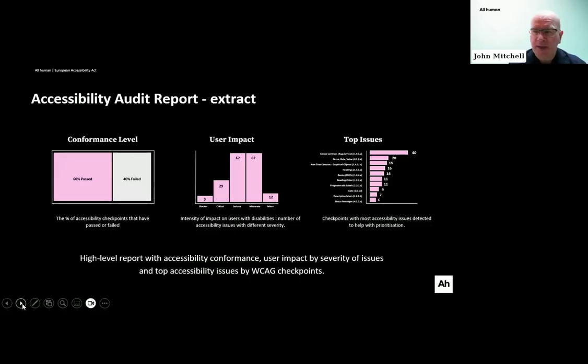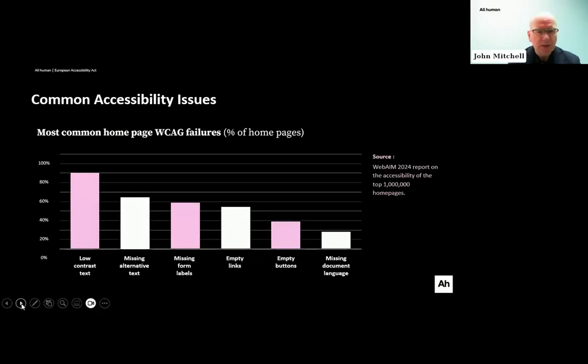And then typically it gives you that ranking of severe down to moderate down to minor in order of ranking. And more often than not, the more enterprise tools will give you a more granular breakdown of the top issues. And I'll expand on some of those in the next slide, please, Rebecca. And this relates to the homepage in particular.